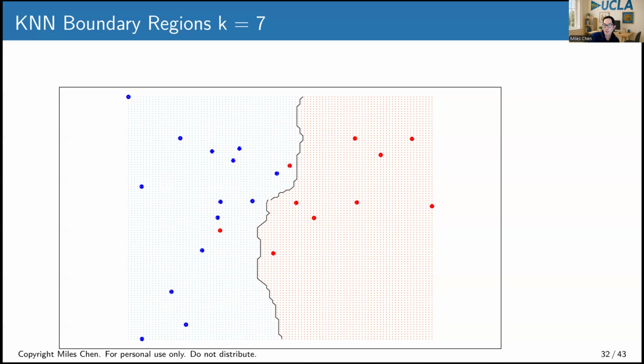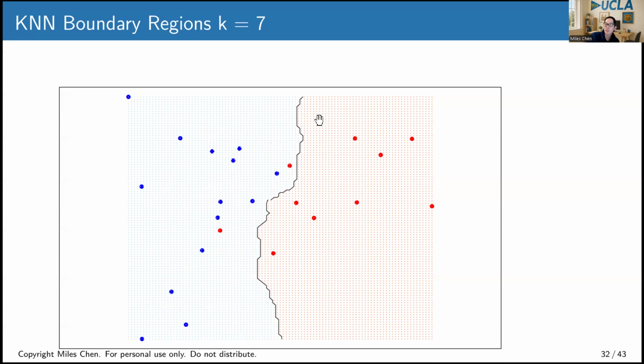And as the k increases, it's a little bit hard to see here, but the boundary gets a little, quote, more smooth-ish, okay? It doesn't quite look very smooth here, but basically we're taking into account more points for every single one of these things.